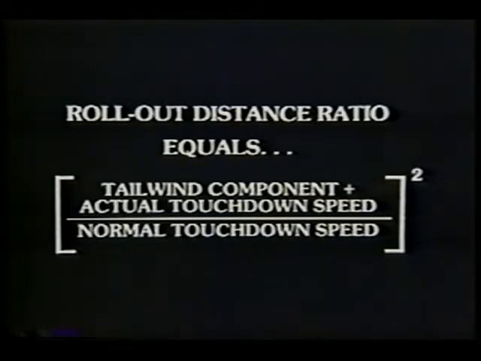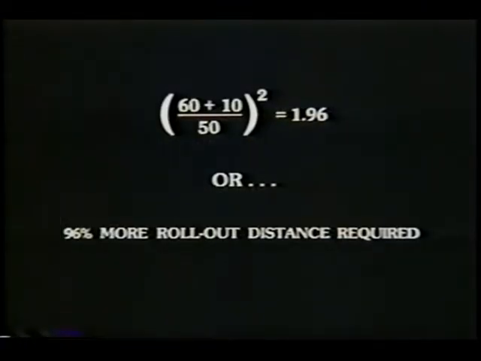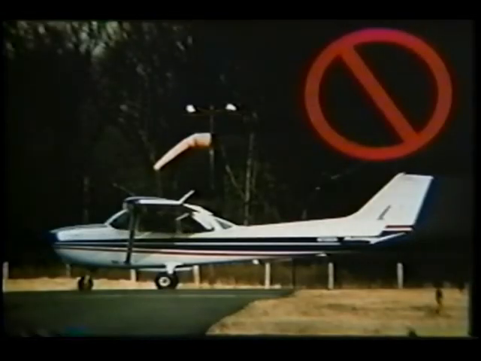That is, of course, if all other factors are equal. For example, if your normal touchdown speed is 50 knots and you fly 10 knots faster to compensate for gusty wind conditions and also land with a 10-knot tailwind, your landing rollout distance will be almost double your normal rollout. Now look, if all that sounds too complicated to figure out in the pattern, just don't land downwind.